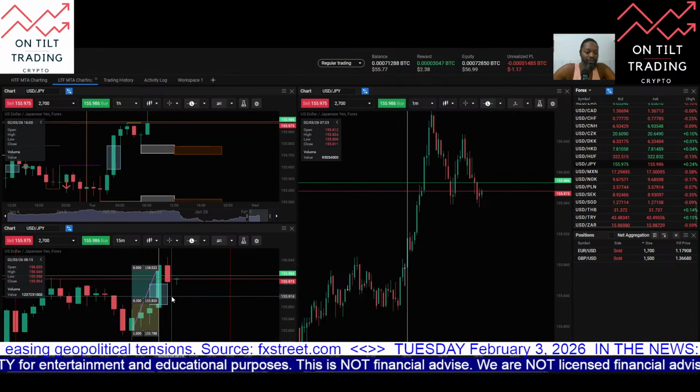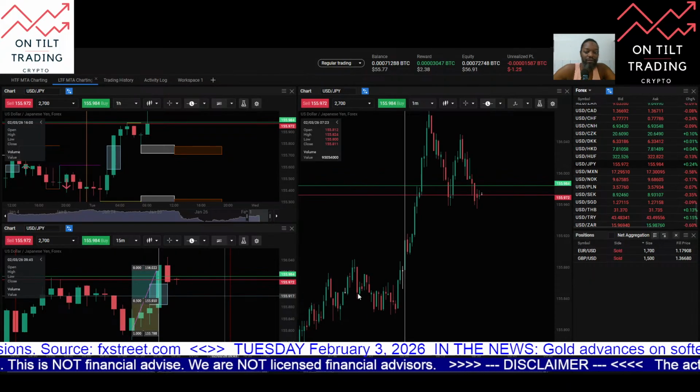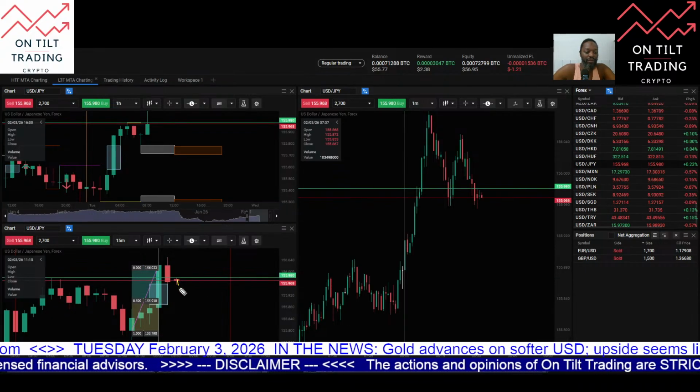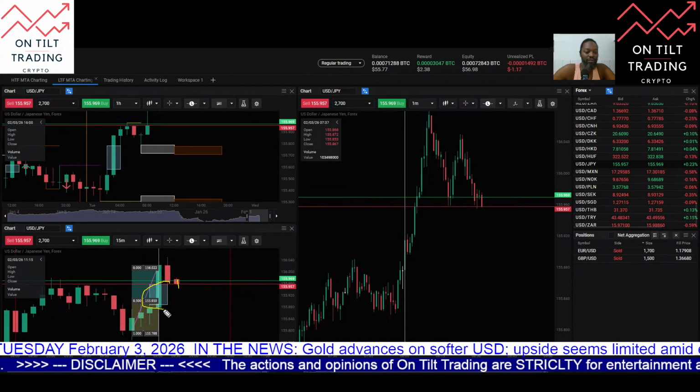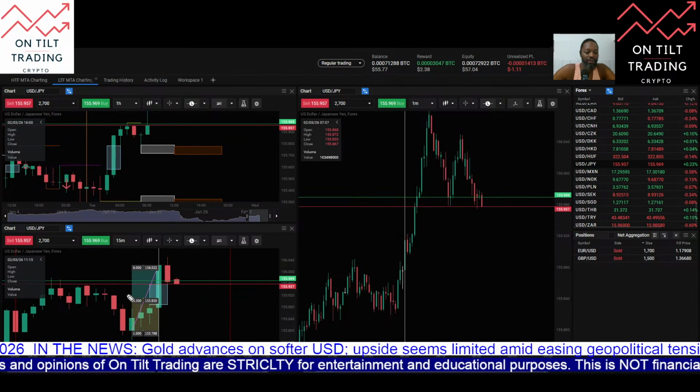So you can see price right now has traded into this candle here, has traded into this bullish fair value gap or buy side imbalance, sell side inefficiency.